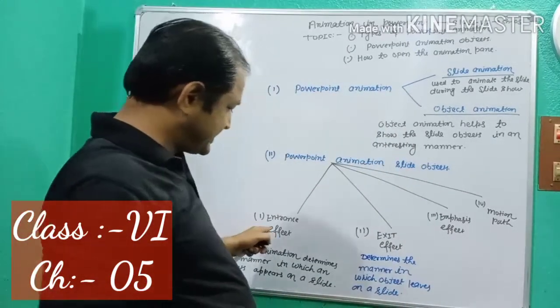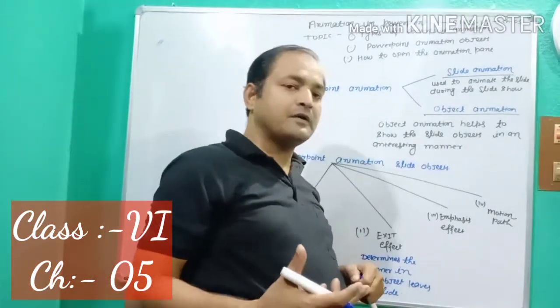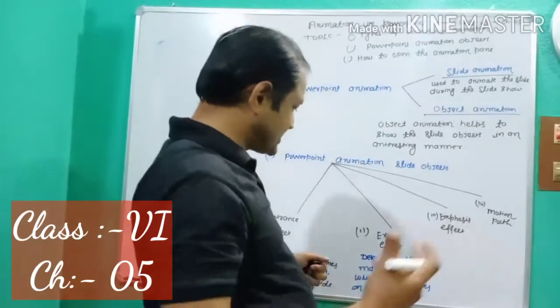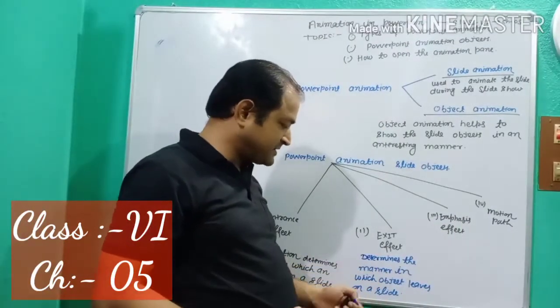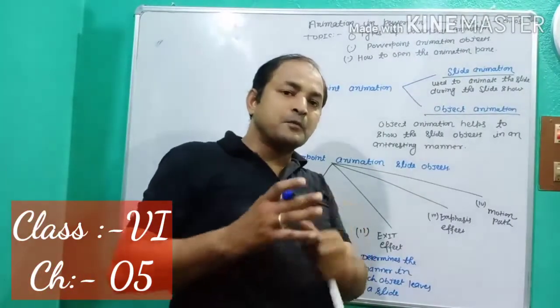In the entrance effect example, an object can move onto a slide. Determining the manner in which the object leaves a slide means the object moves off the slide.